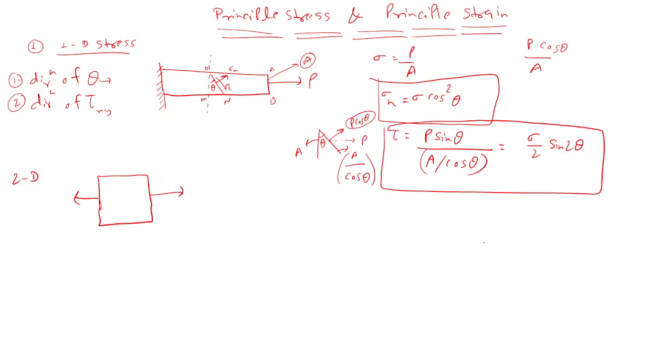Let's suppose this is x, y, and z. We generally define the plane by its normal. If this is the x direction, y direction, z direction, and any plane whose normal is in this direction, like this plane, then the normal to this plane is in which direction?